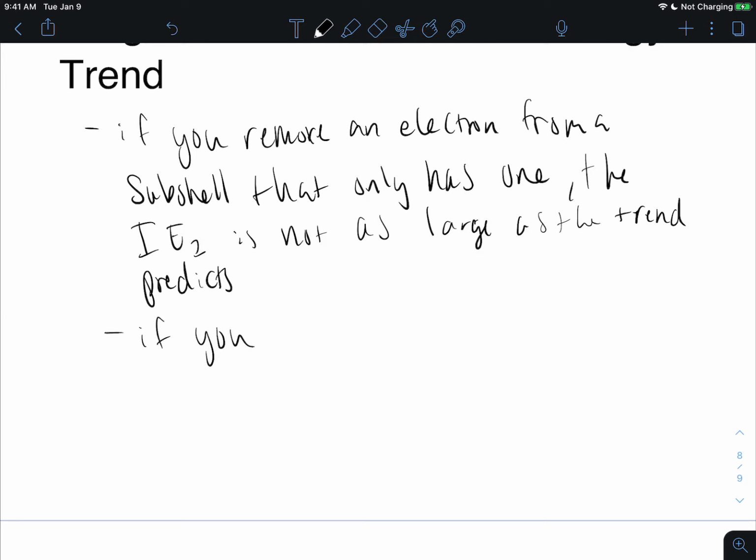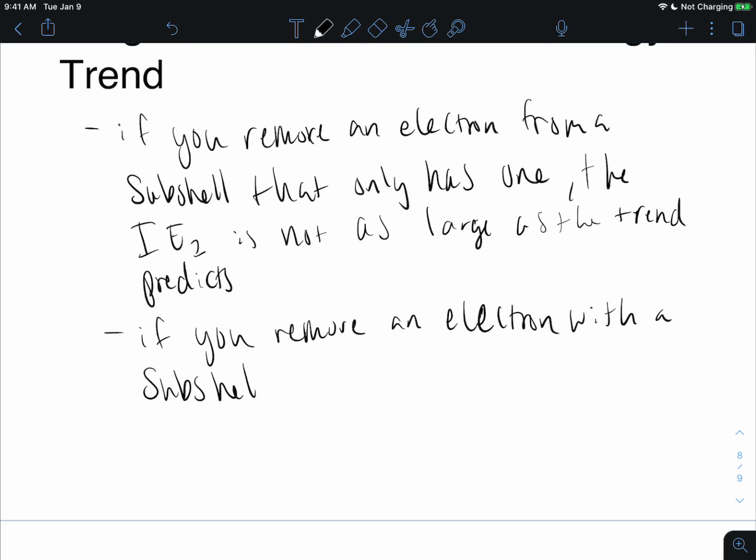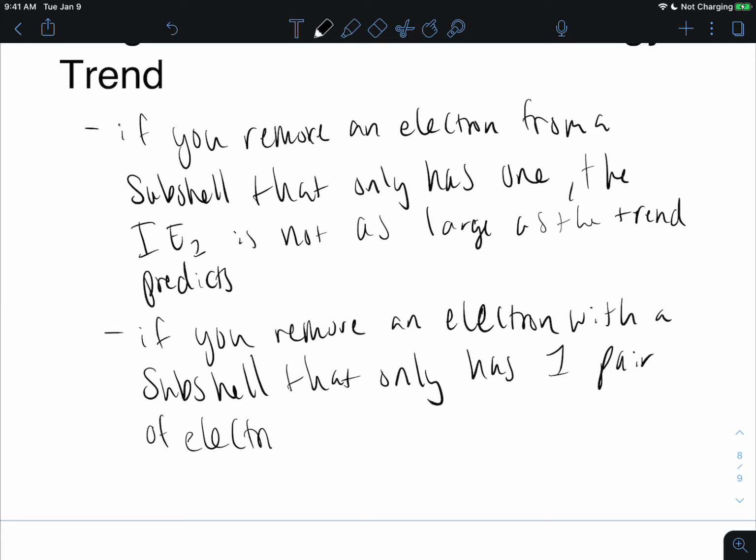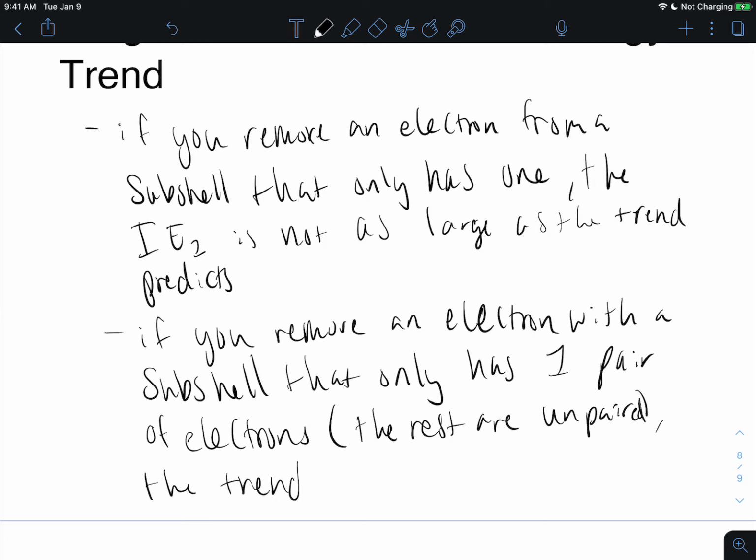So if you remove an electron from a subshell that only has one pair of electrons, the rest are unpaired, the trend deviates a bit.